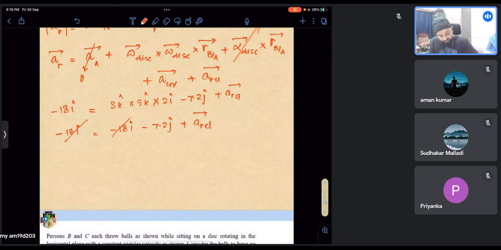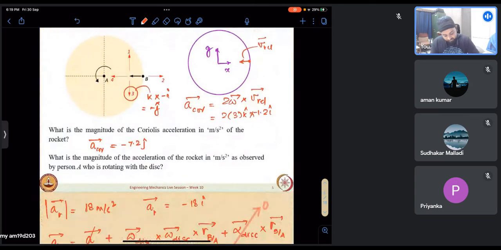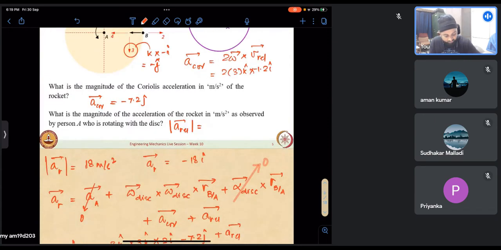So these cancel out, and our relative acceleration is nothing but 7.2 J cap, which is what person A observes. So this is what is asked. The magnitude of the relative acceleration, magnitude of ARL, comes out to 7.2 meters per second squared.